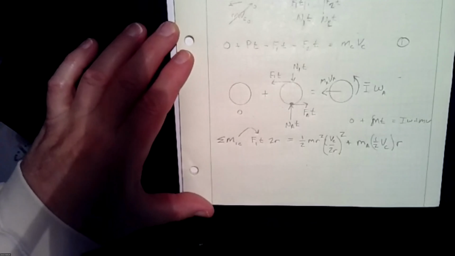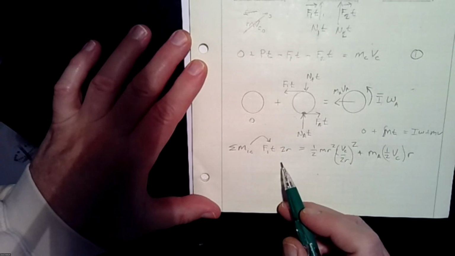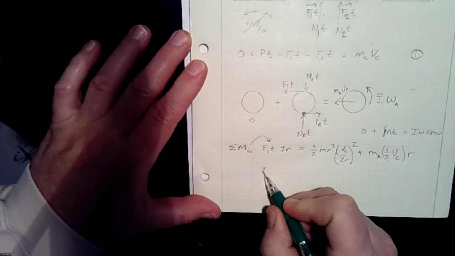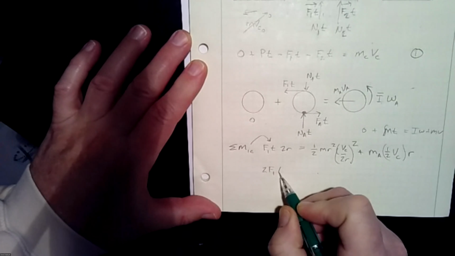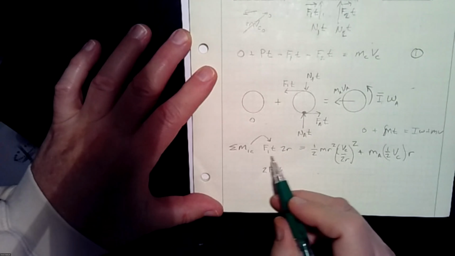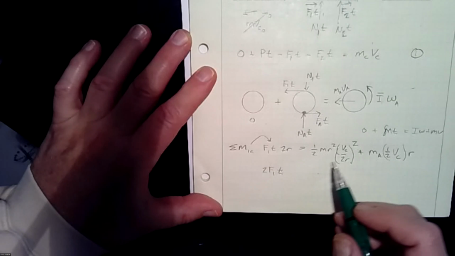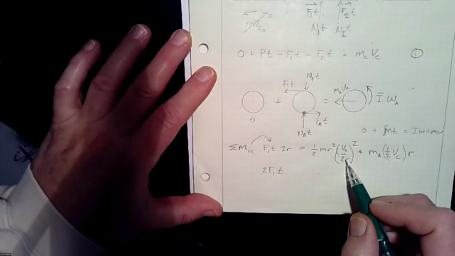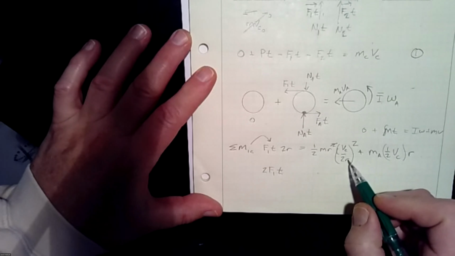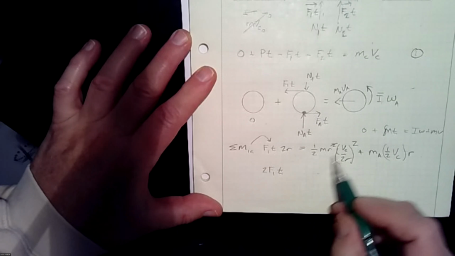Okay, so now that we have that, we can go ahead and simplify this. We end up with 2 F1 T, because we can divide out the R. We can divide out at least one of the R's out of everything. This R here gets rid of that R, and then there's still one R, so we divide that out and the R disappears.